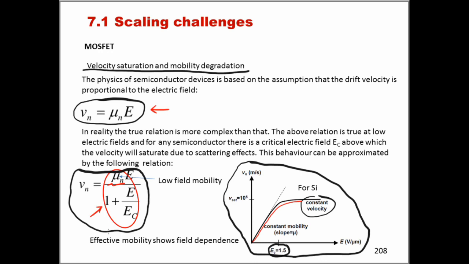So the actual mobility of my device is μn over 1 plus E over EC. And so it becomes electric field dependent, or voltage dependent if you like. And so we need to take into account this dependence if we want to understand how the transistor, now affected by short channel effects, will behave.